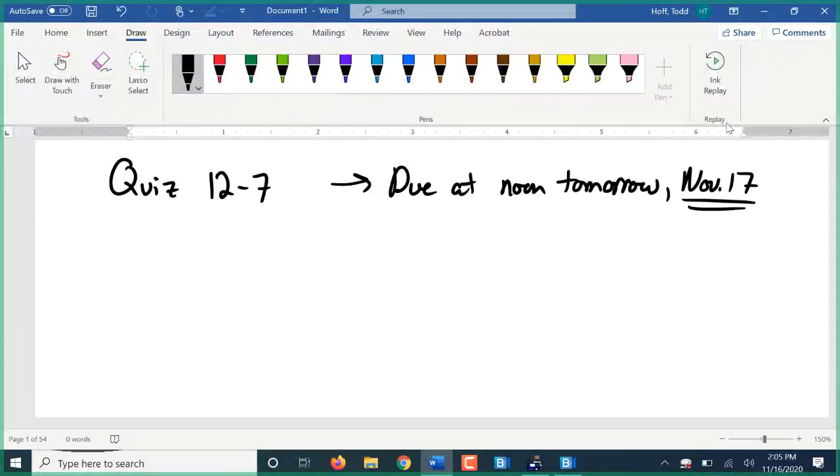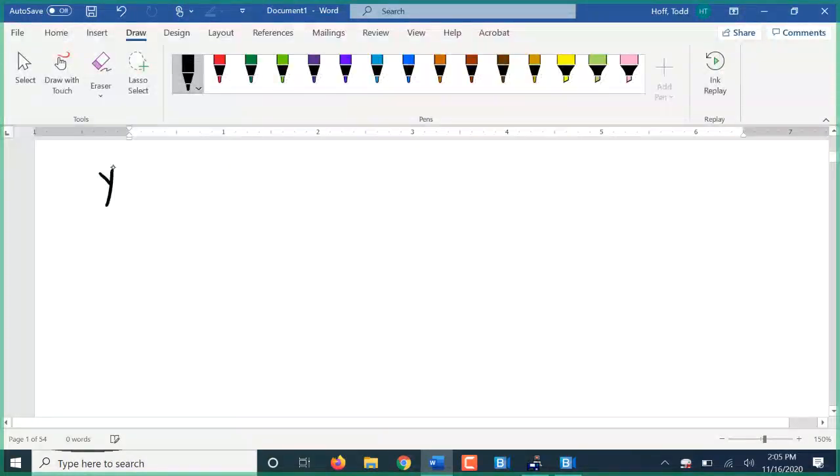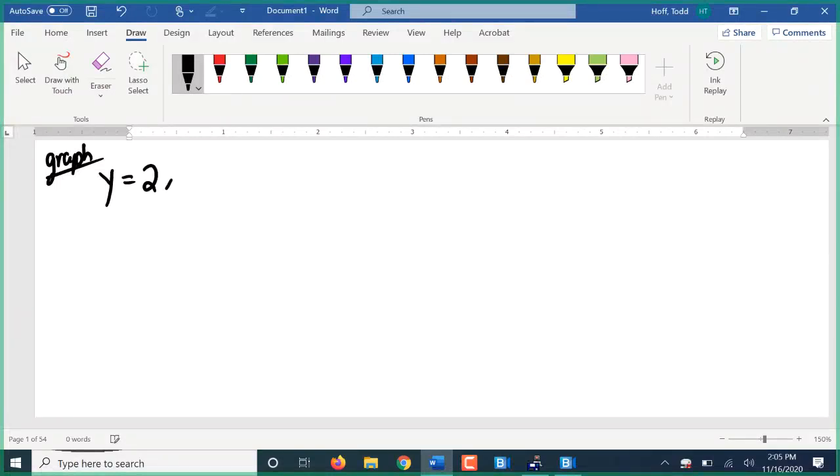For now, we're going to move on to a new topic. I'm going to have you graph two equations. Let's have you graph y equals 2x minus 3 and y equals 1/2 x plus 3.